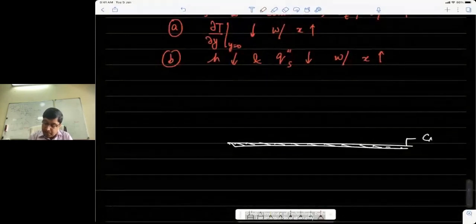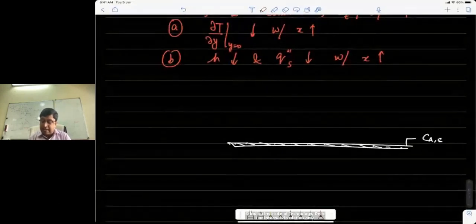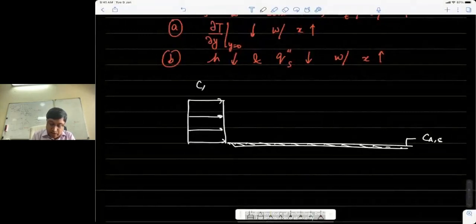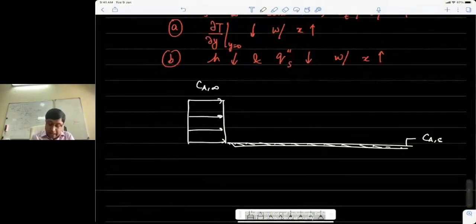The plate has some concentration CAS, which is saturated concentration of some species A, and what is being brought with the free stream is some concentration CA infinity. Here I will make an assumption that whatever analysis I will do for mass transfer, it will be for a binary mixture.